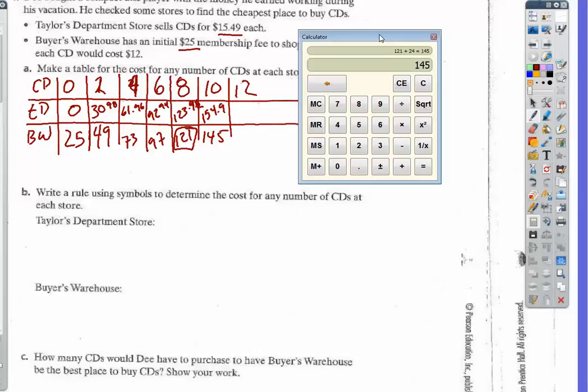So write a rule. So again, cost is equal to the number of CDs times the cost for Taylor's, which is $15.49. Whereas for the Buyers Club, the cost was equal to that $25 I spent up front plus $12 per CD.